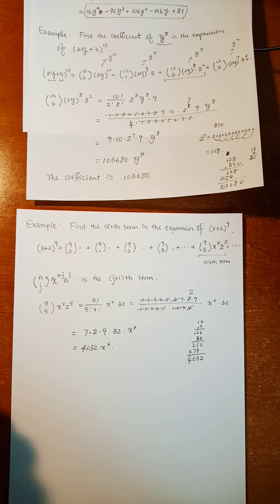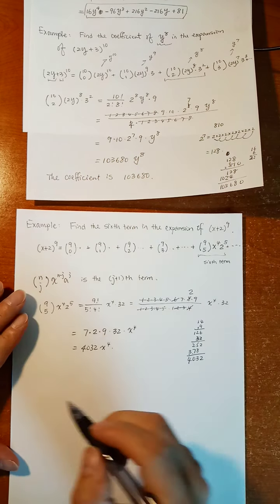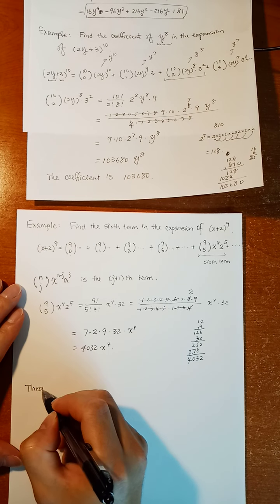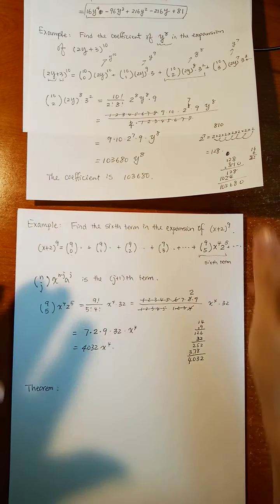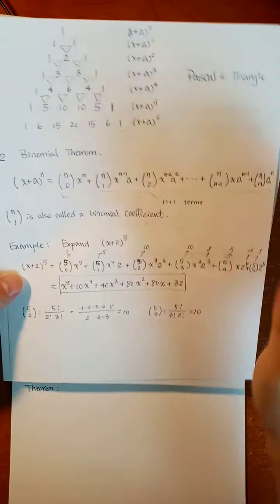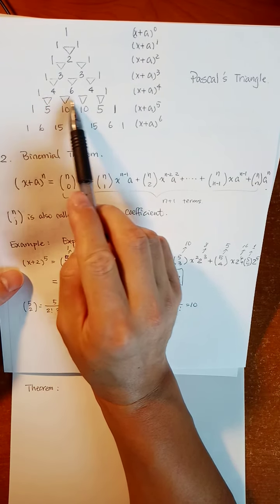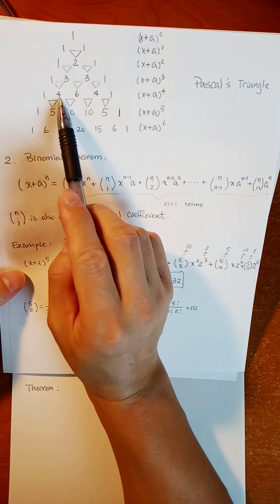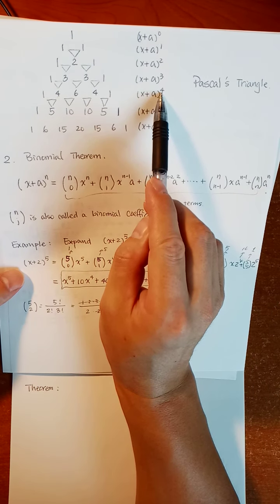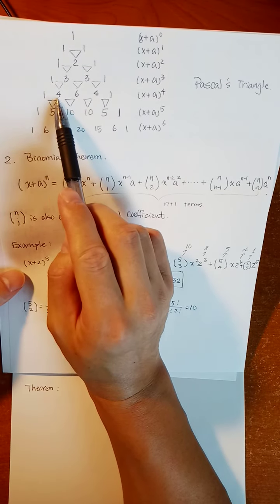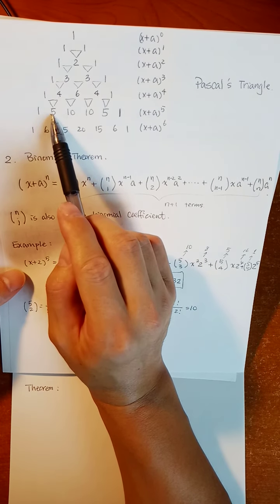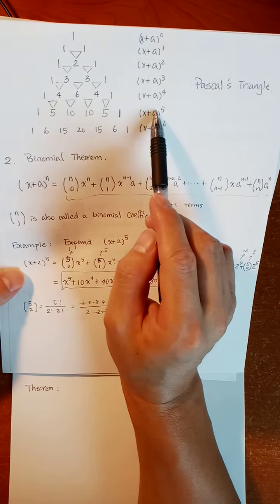So that's the thing we may ask about the binomial expansion, binomial theorem. And in the next part, there is a theorem. What is this theorem? This theorem is just an abstract statement about this triangle. It claims that if you add two adjacent terms in a layer, the sum is the term in the next layer.